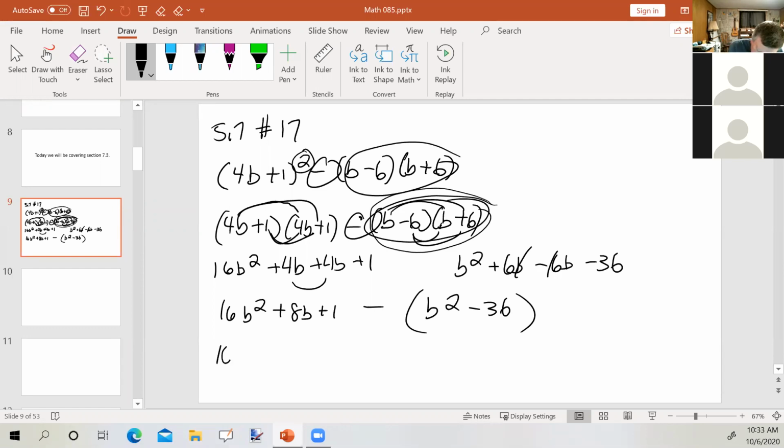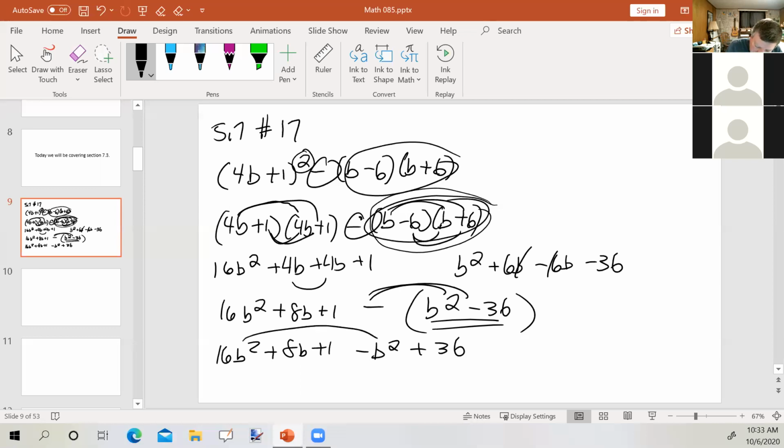So ultimately, we are going to distribute the subtraction sign through both terms. So the last term ends up being a positive, or a plus 36. Any questions so far? Okay.